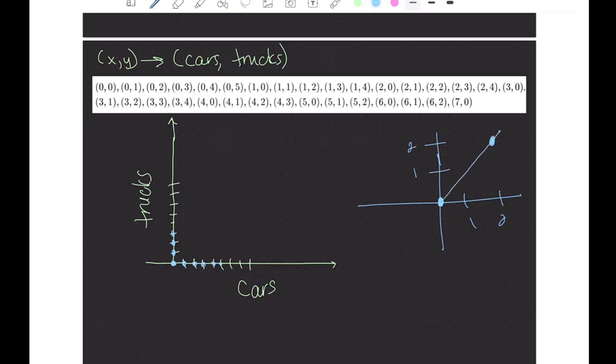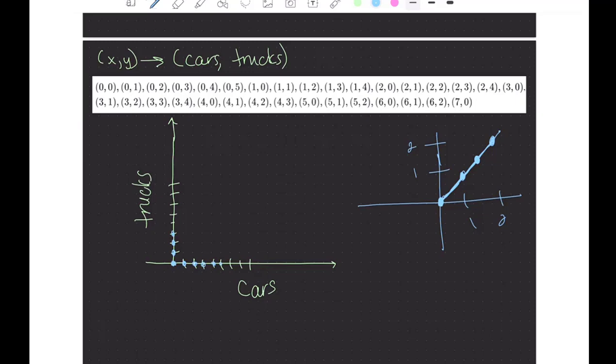When I connect those points, what is that connection doing when I fill in that line? It's saying that every point that's on this line is an option or a solution, right? So technically then, right here, 1, 1 would be a solution. Well, I could have 1 car and 1 truck. But what would this point right here be?